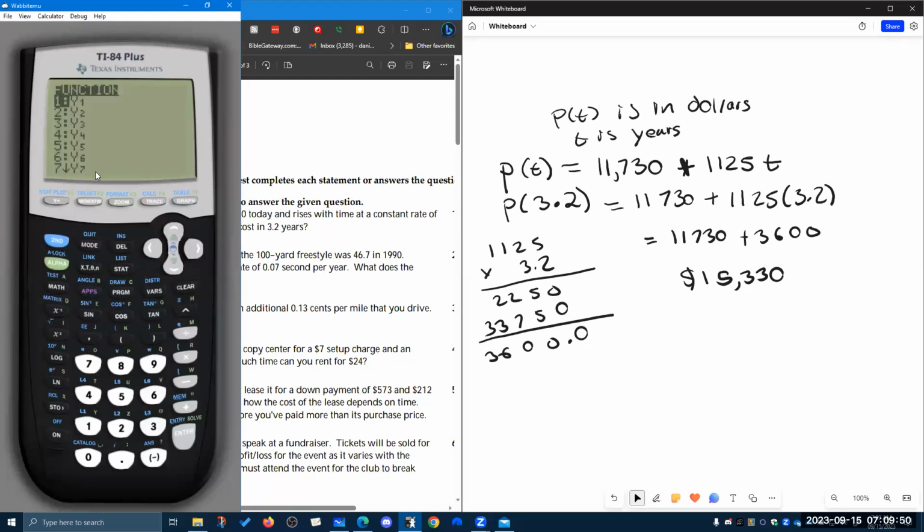We're in function mode, and we just put our function in y1, and we can use this function notation here to open a set of parentheses and say I want my x to have a value of 3.2, and it will calculate it, and there's my $15,330. So you can use your calculator to quickly evaluate a function at one or several different points. We'll go ahead and do that sometimes here just to help with this.